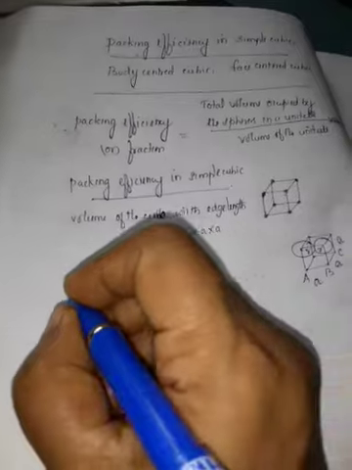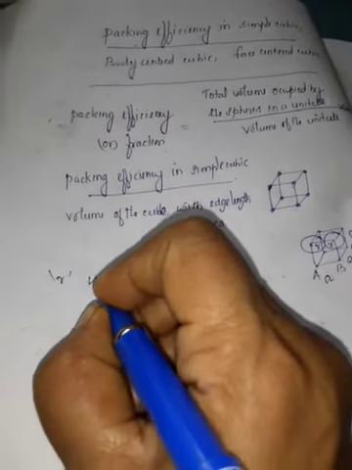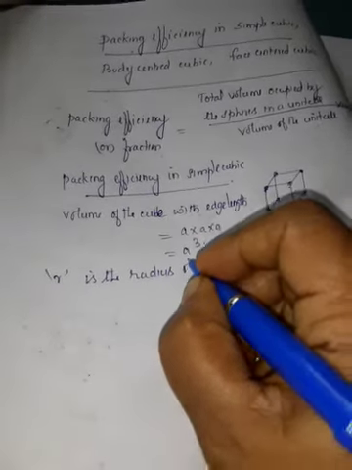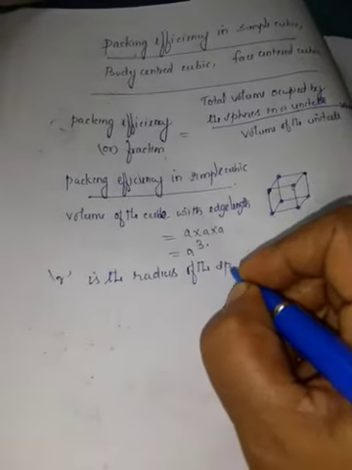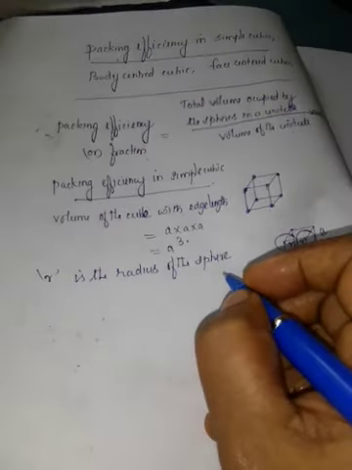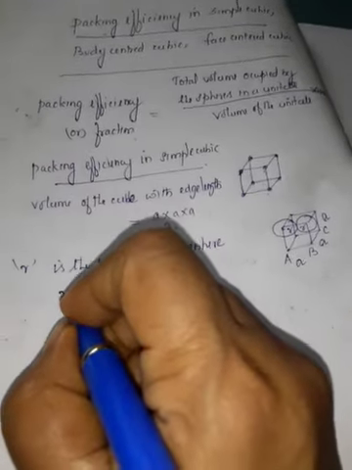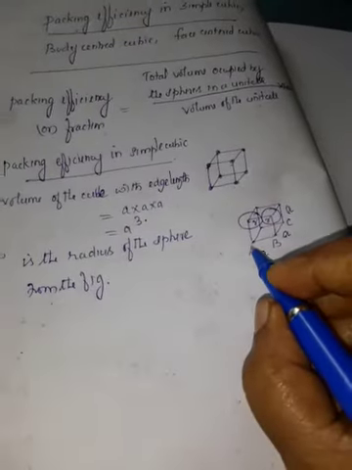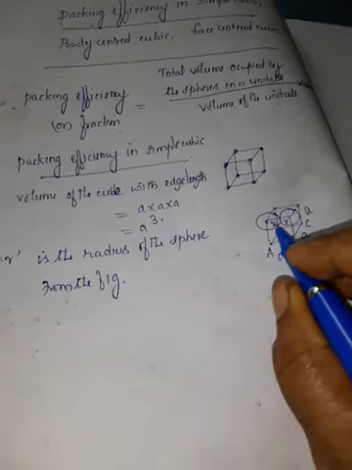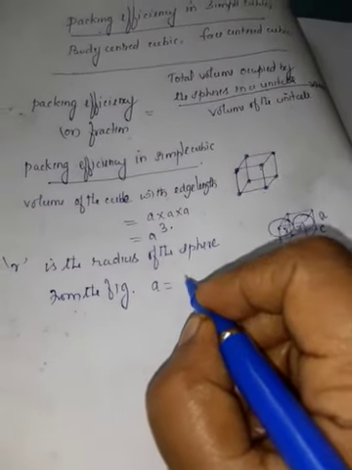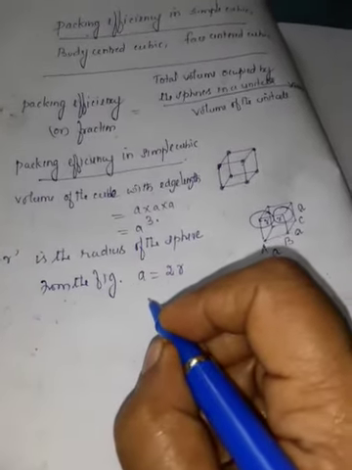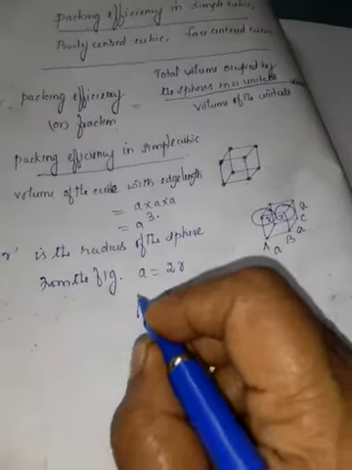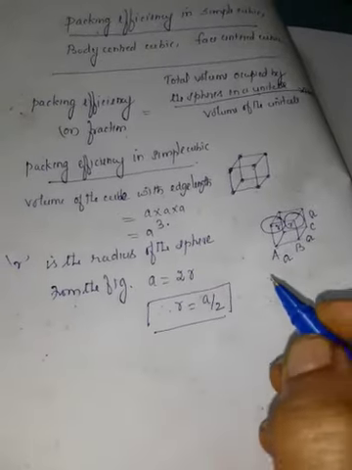Now, R is the radius of the sphere. So from the figure, the distance A is R plus R, that is 2R. A is equal to 2R. Therefore, what is R? R is A by 2. Radius is A by 2.